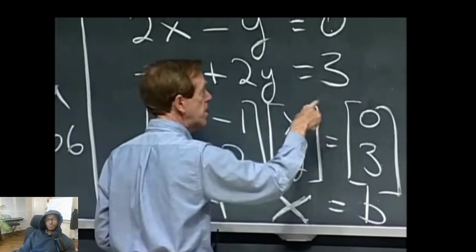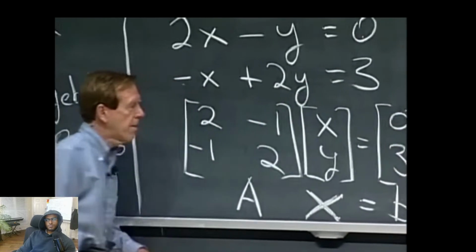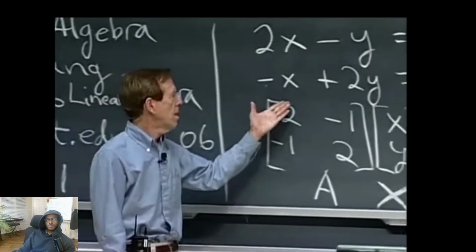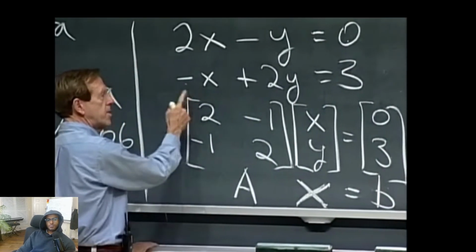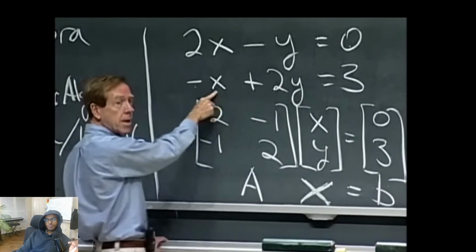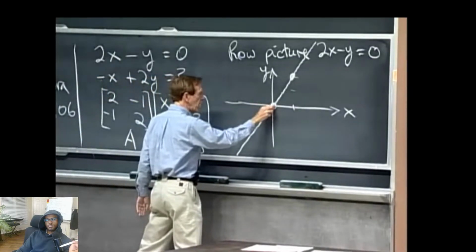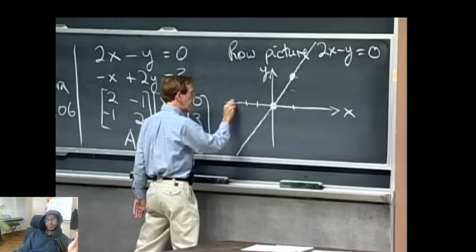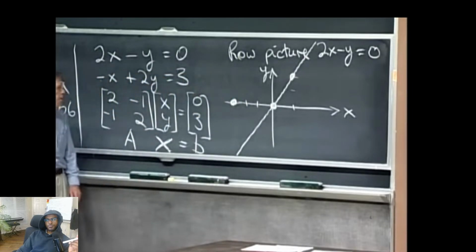In this case, we don't go through the origin because if x and y are 0, we don't get 3. So let me again say, suppose y is 0. What x do we get? If y is 0, then x is minus 3. So there's 1 point on this second line.